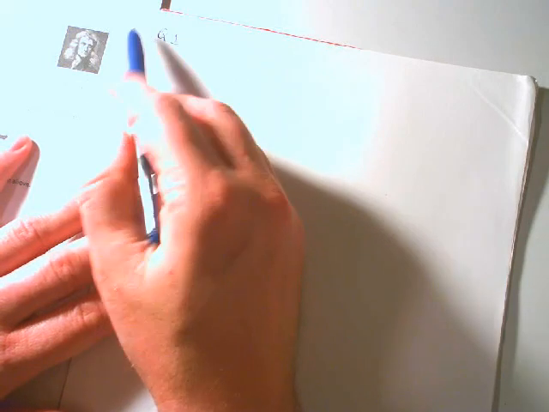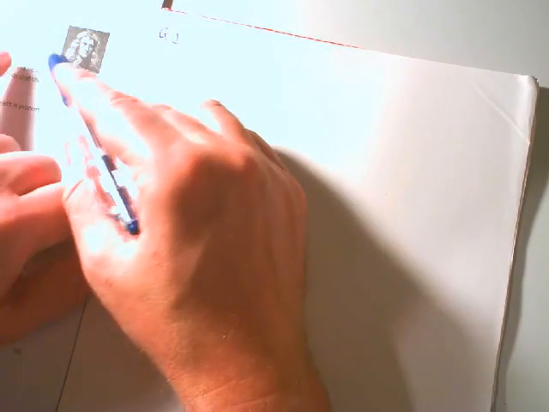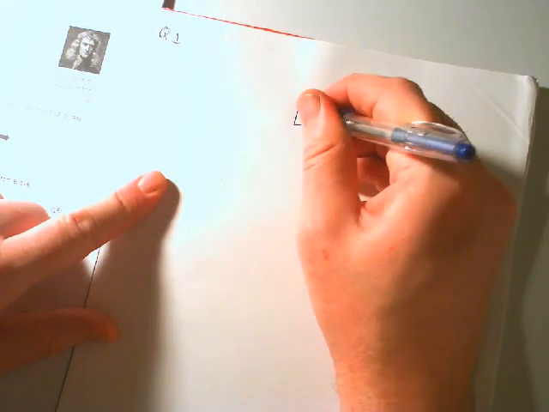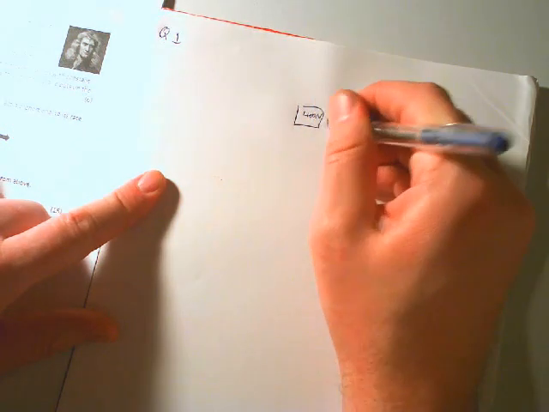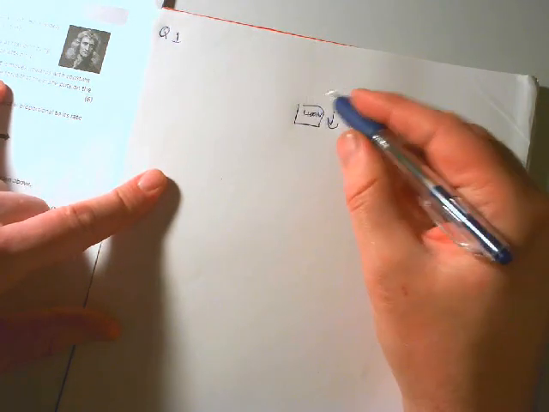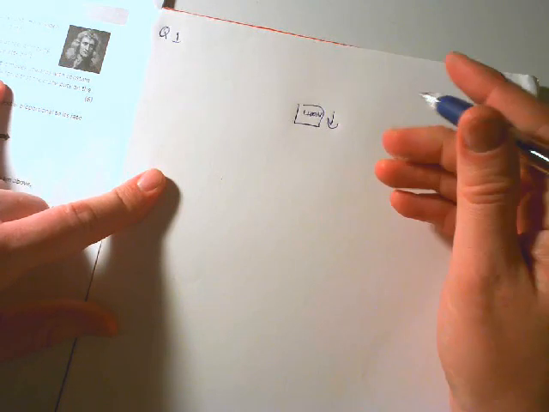It was forces, sort of a force revision exercise. So Sir Isaac Newton was an English mathematician. Okay, a block weighs 400 newtons, so that's its weight. A crane lifts the block so that it moves upwards with constant velocity. Okay, so if it's using constant velocity, it's not accelerating. It's moving, but it's not accelerating.